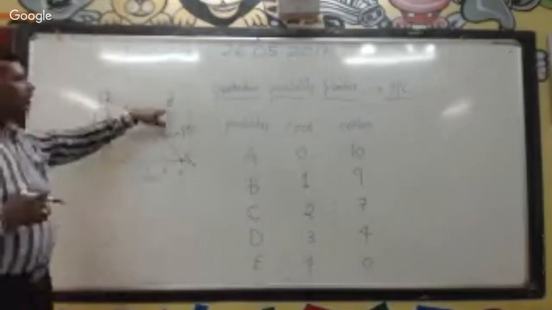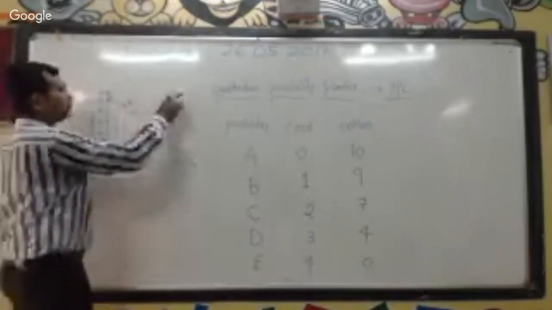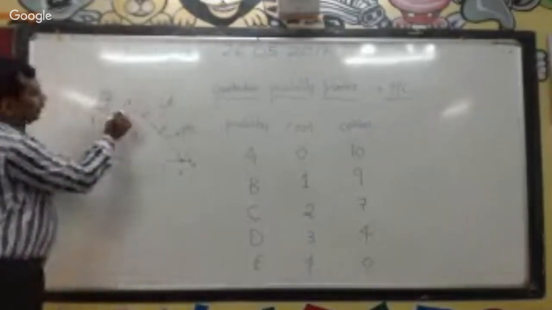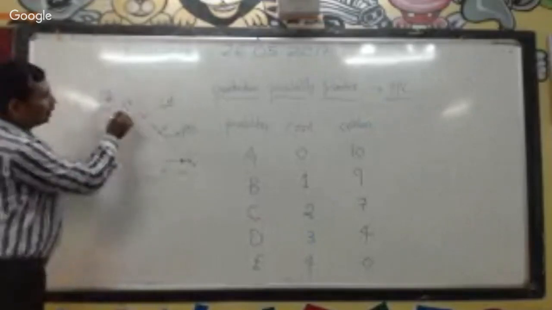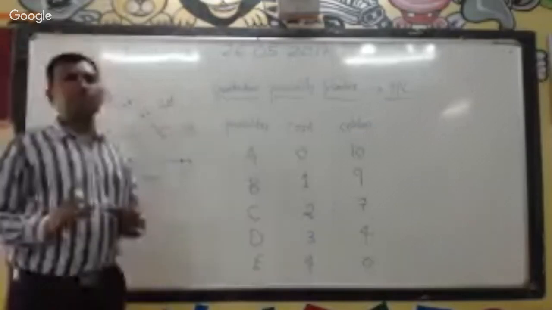So these 2 points we are not going to reach. Whatever combination you take must lie on this PPC curve itself. This is about the production possibility curve.